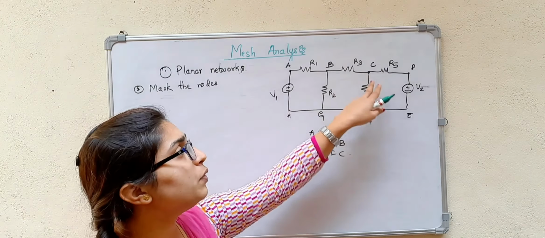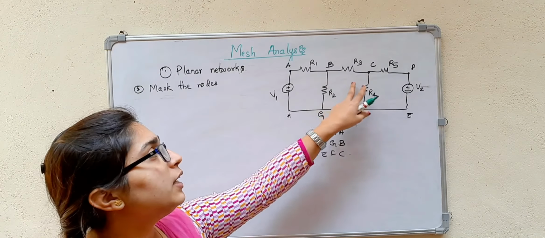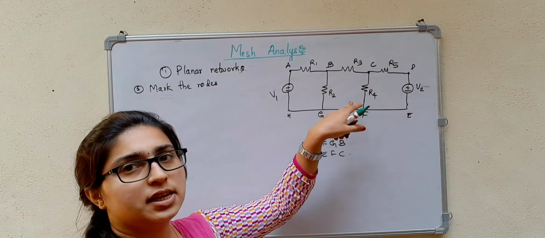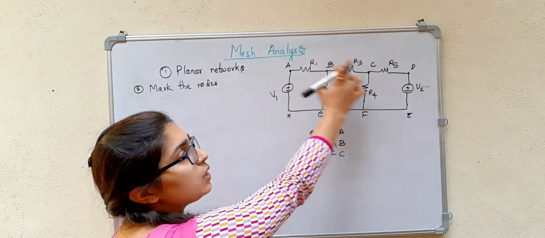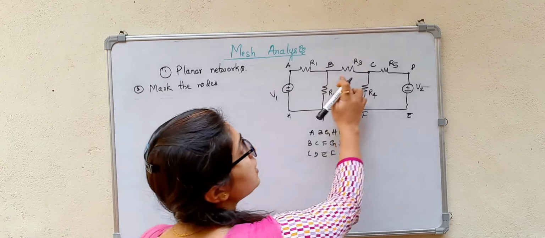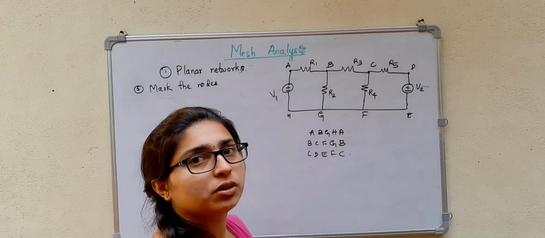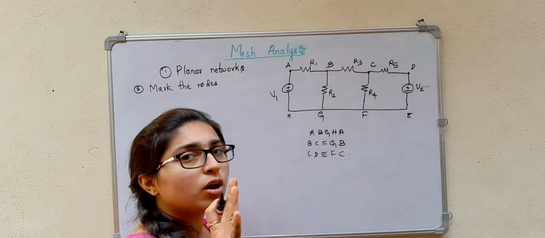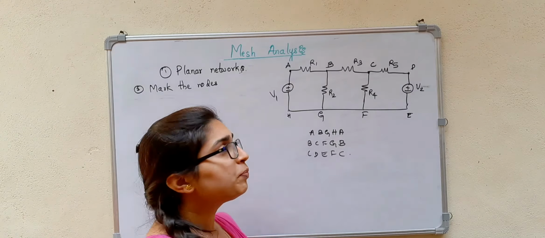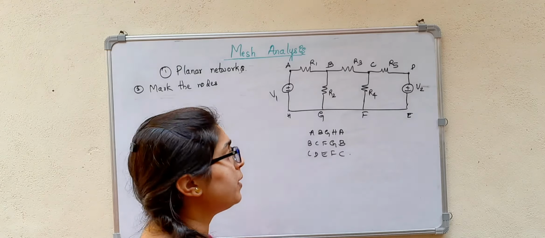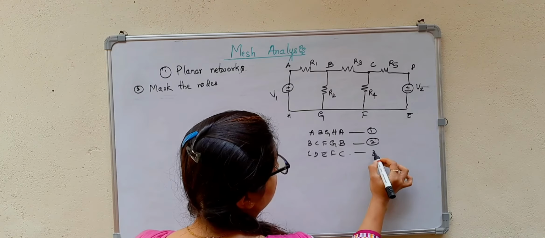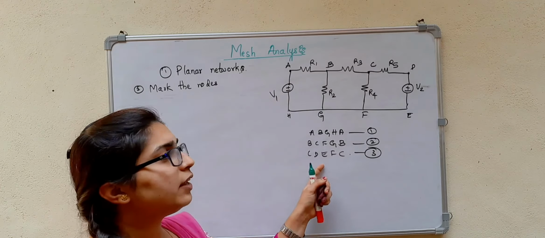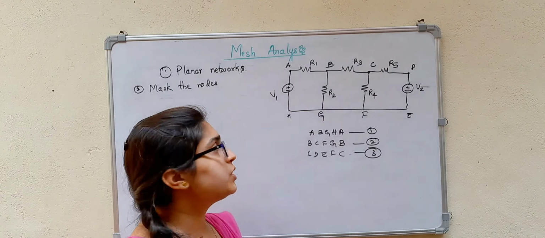So that also will be a loop, but it contains two meshes inside it, so that will not be a mesh. It's a loop. All meshes are loops, but all loops are not meshes. So these three are the meshes, and from this we can say that there will be three mesh currents.